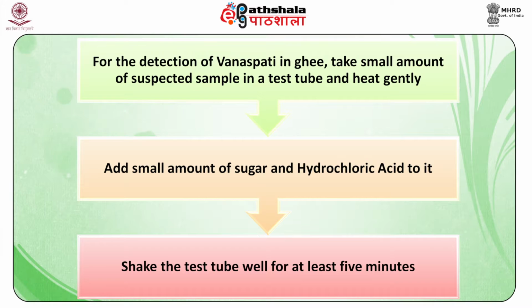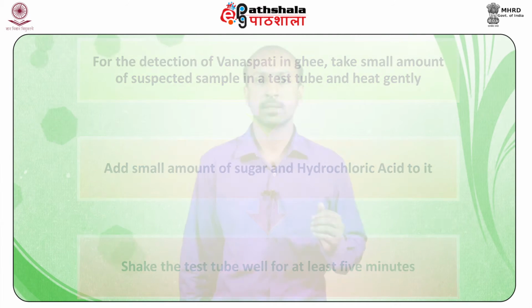For the detection of vanaspati in ghee, a small amount of the suspected sample is taken in a test tube and heated gently. A small amount of sugar and hydrochloric acid is added to it. The test tube is then shaken well for at least 5 minutes. The presence of pink color confirms the presence of vanaspati oil in ghee.